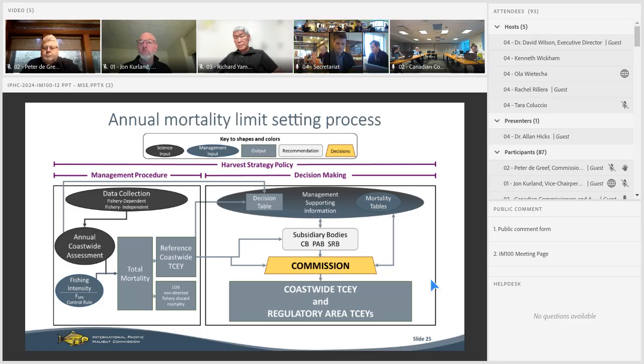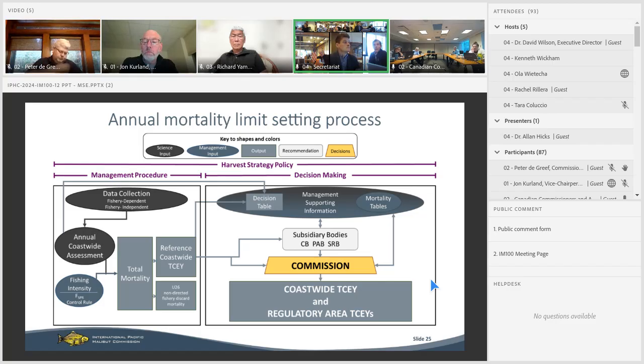Follow-up question. What are your thoughts if we adopted some harvest strategy and ran it in tandem with what we're doing now for a couple of years? I think that is totally reasonable and probably the best way forward, because what the harvest strategy policy is actually describing is how you've been operating the past 8 years.